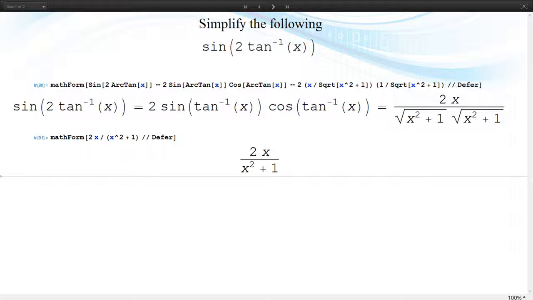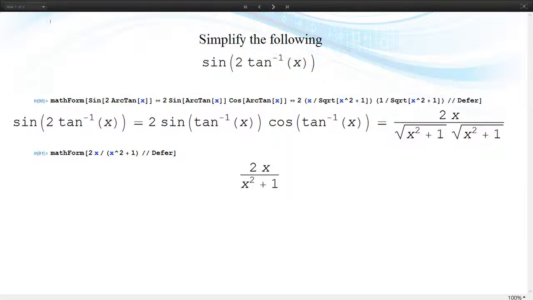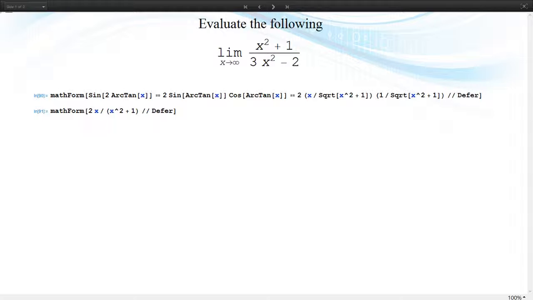Okay, so let's switch gears and start talking about limits. Here is problem 5. We want to evaluate this limit.